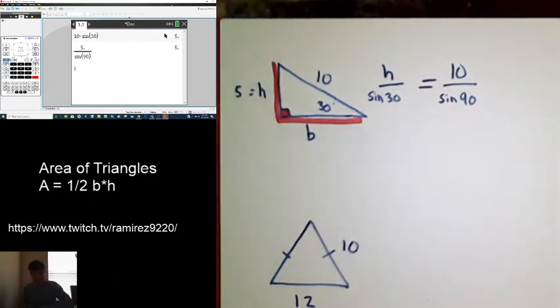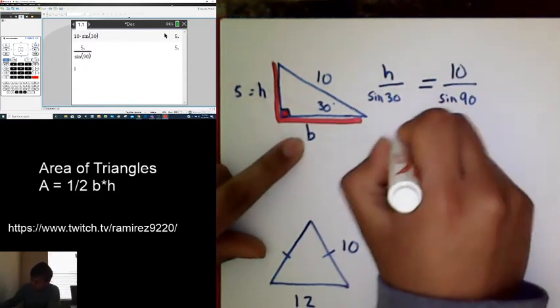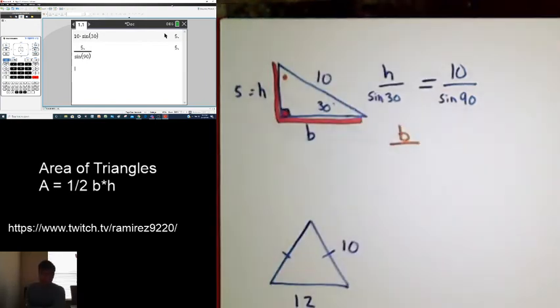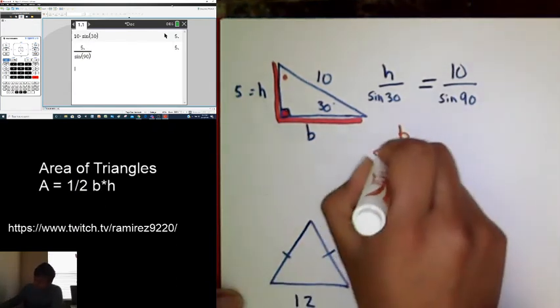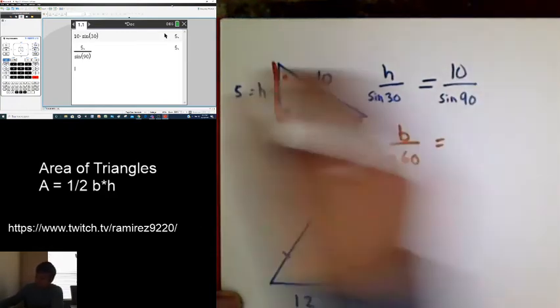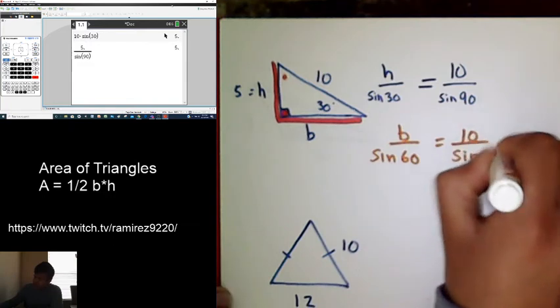I'm going to do the same thing. To calculate our base, this time I'll use the B. And B is across this angle right here. Remember, it's a triangle, so just subtract from 180 the angles you know. And that's why I know that the angle here is 60. I could use the same one, or I could use the 5, but I'm just going to use the same one here.